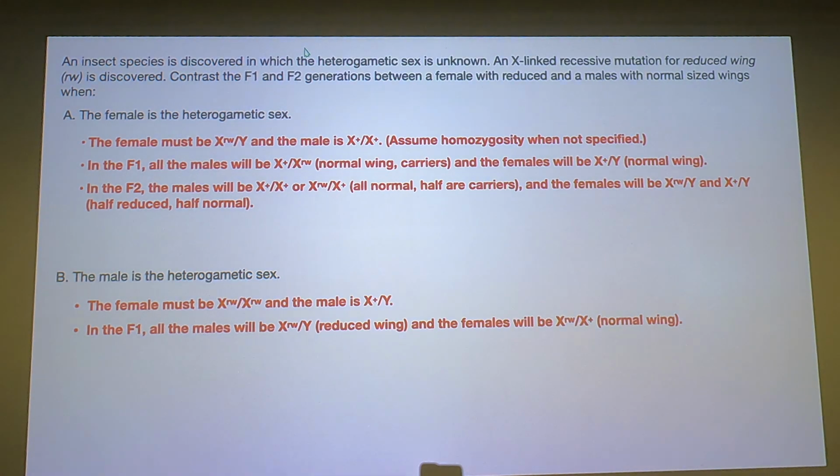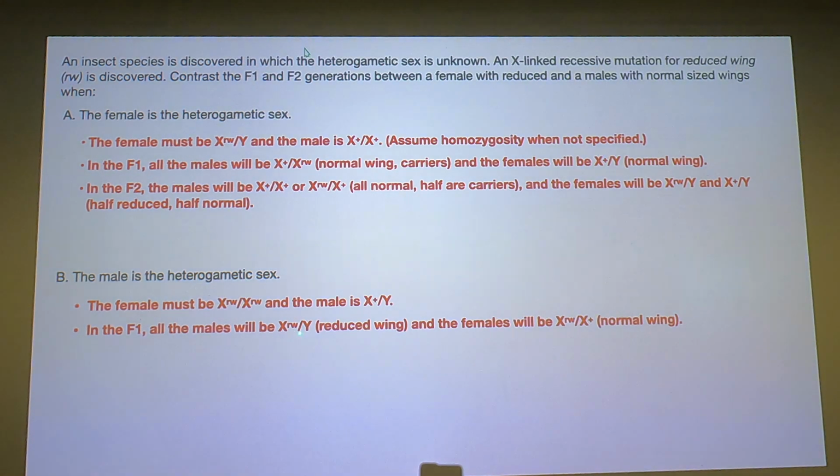All right. F2s. What do the F2s look like? So we're going to cross this by this. Half the females will be carriers and half will express reduced wings. We're talking about the females here.